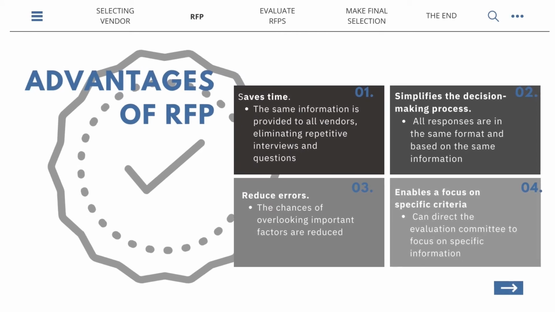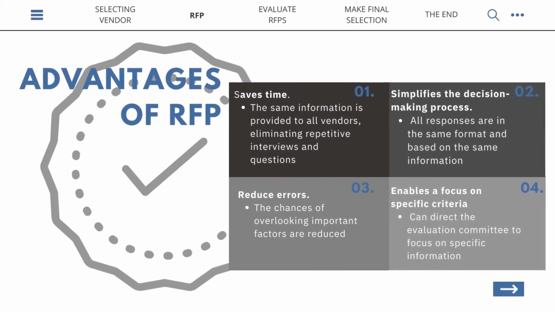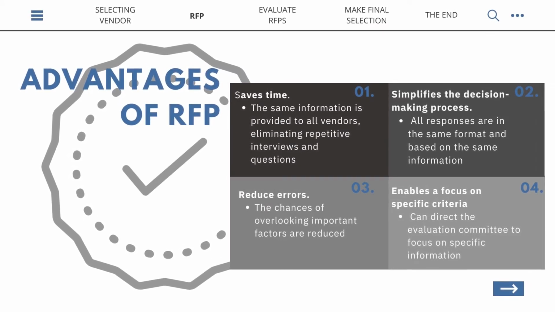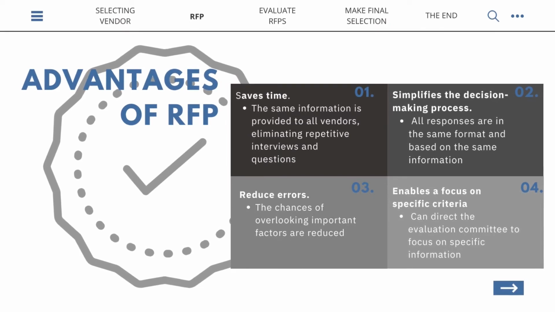Using an RFP is important as it can save time because the same information is provided to all vendors, eliminating repetitive interviews and questions. It also simplifies the decision-making process. All the responses are in the same format and based on the same information, and it can make the firms more readily comparable.